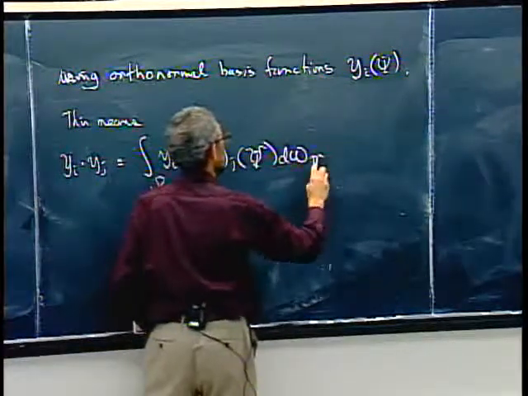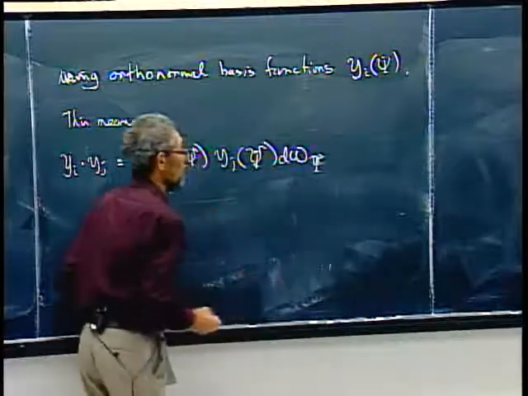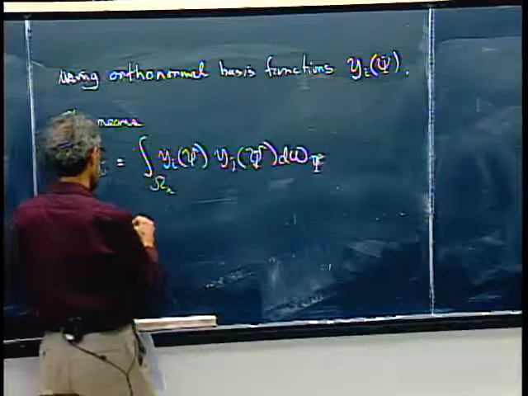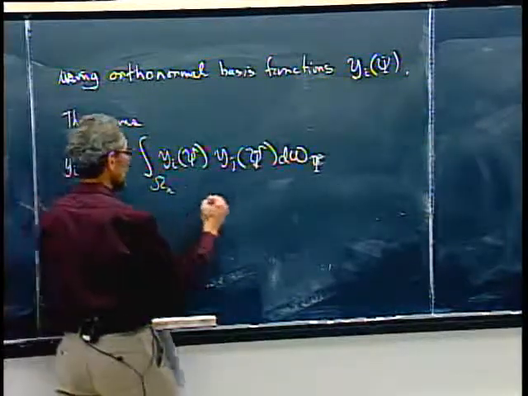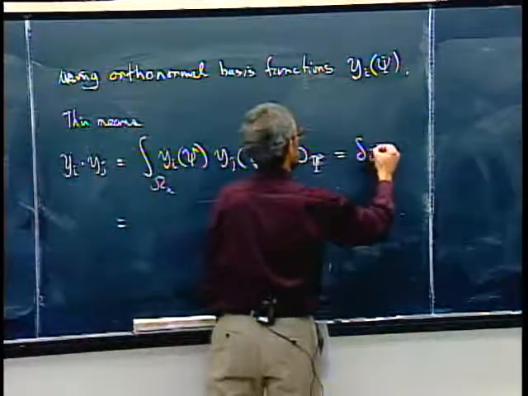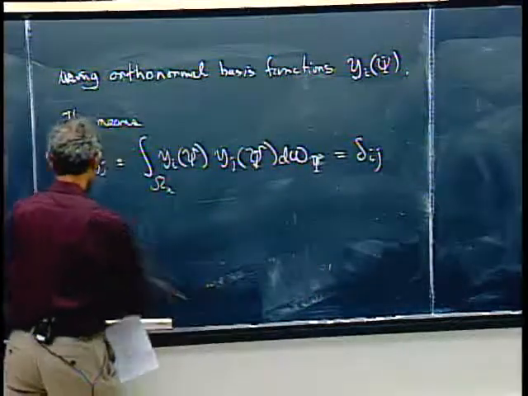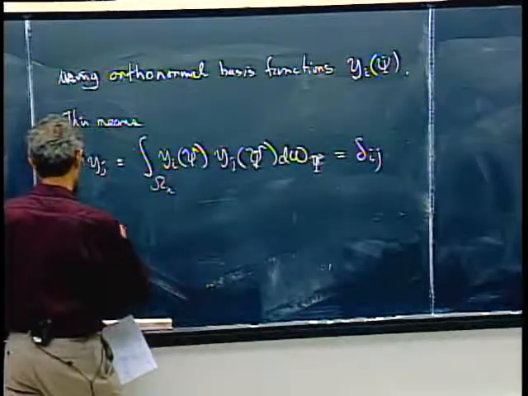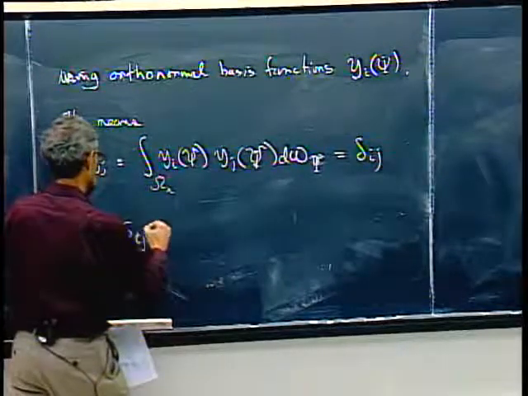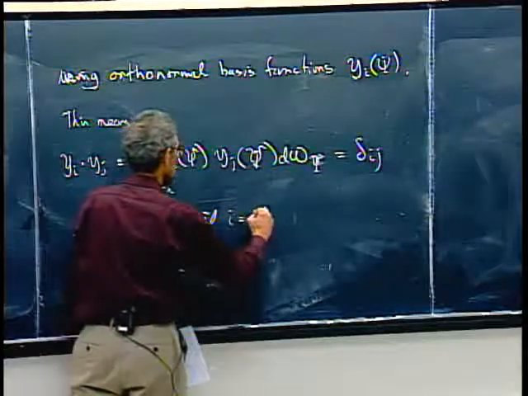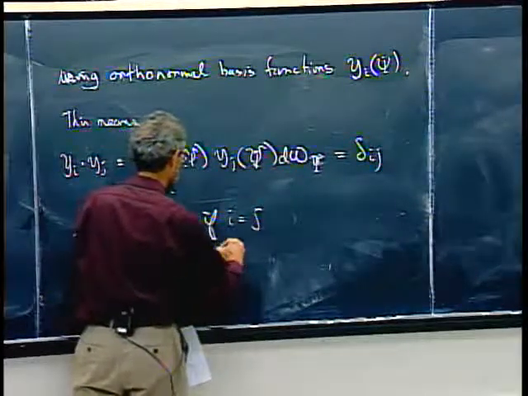That's our definition of inner product in this Hilbert space of functions. And what this should be is the same as delta ij, where delta ij equals 1 if i equals j and 0 otherwise.